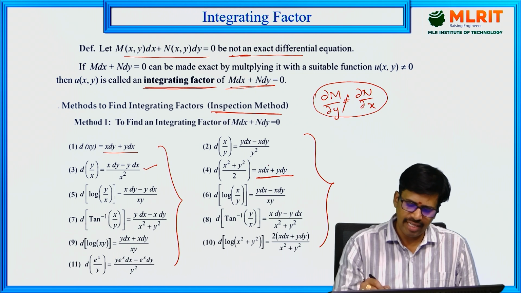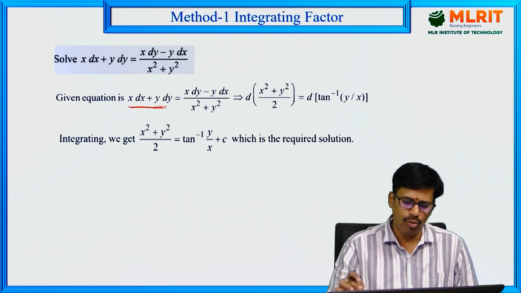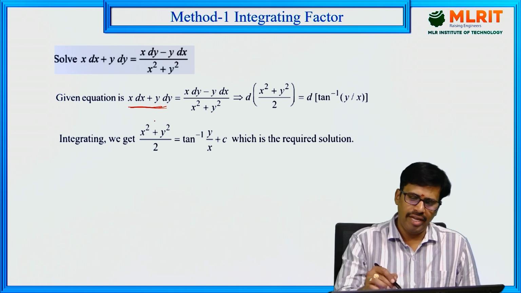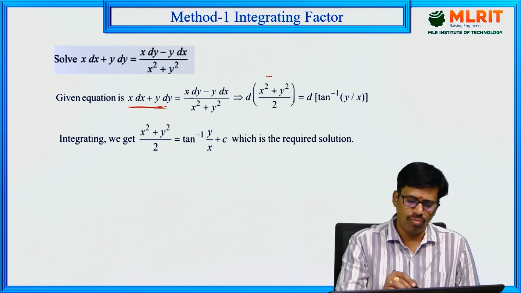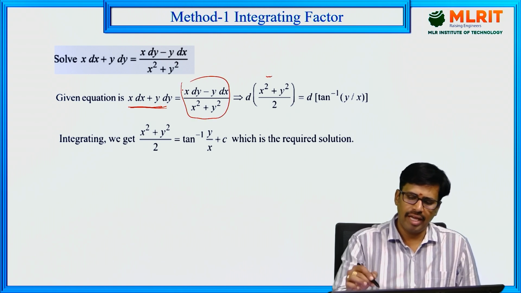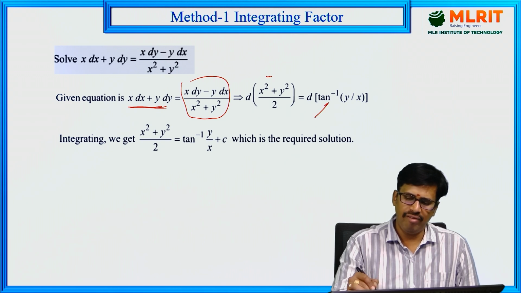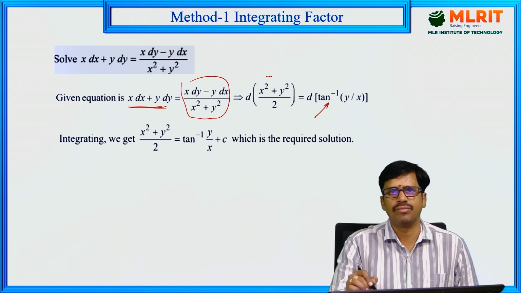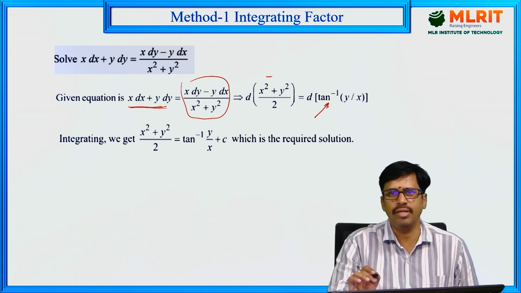So x dx plus y dy can be written as the derivative of x square plus y square by 2. The right side term can be written as the derivative of tan inverse y by x. We have to remember these formulas, then only we can solve the problem easily.